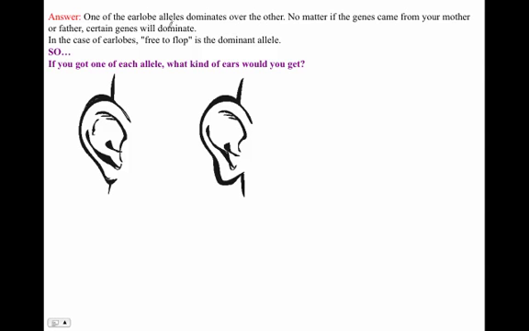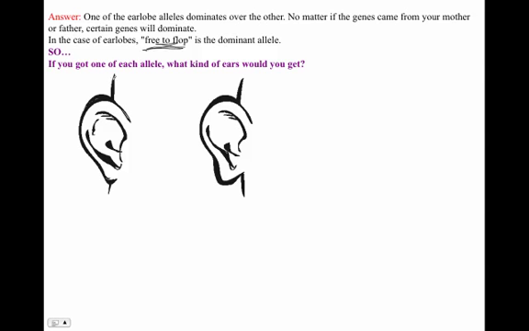Well, one of the earlobe alleles dominates over the other in most cases. For many traits in the human body that are one or the other, one will mask or dominate the other trait or allele, no matter if the genes came from your mother or your father. So in the case of earlobes, unattached, or free to flop, is the dominant.